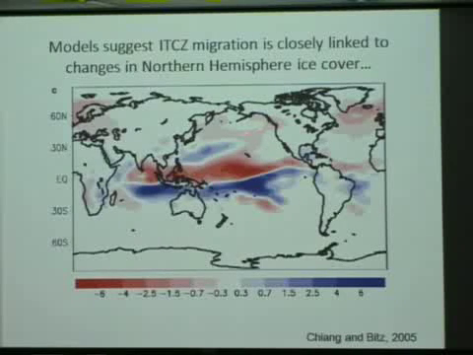Ocean circulation was a bit slower. Overturning circulation of the Atlantic was a bit slower. This shows you that we had a positive rainfall anomaly in the south and a negative rainfall anomaly towards the north in these two bands. And so this is indicating that the whole ITCZ shifted south at that time.